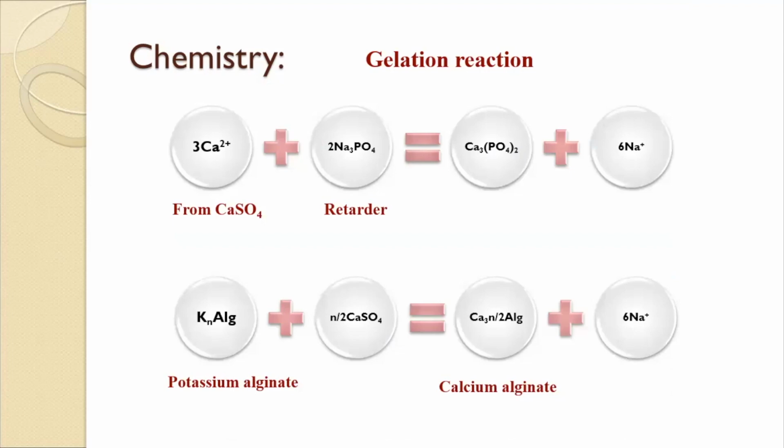So the setting of alginate hydrocolloid is a process of cross-linking your alginic acids with calcium ions. The alginic acid is basically from brown seaweed. It is a linear copolymer of beta-D-mannuronic acid and alpha-L-guluronic acid. So mannuronic and guluronic acids are epimers.